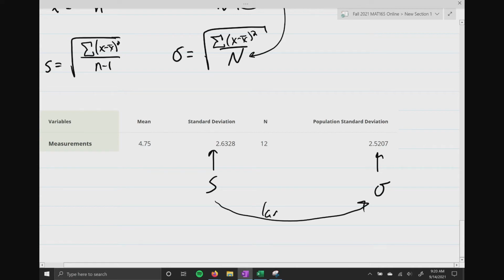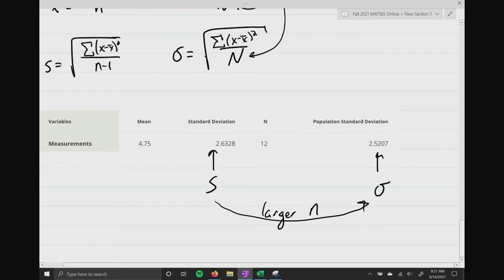And as your sample size gets larger and larger and larger, those two numbers, 2.6 and 2.5, will actually start to get very, very close to each other. And if you had infinitely large numbers, those two numbers would be exactly the same. All right? So that's going to be it.